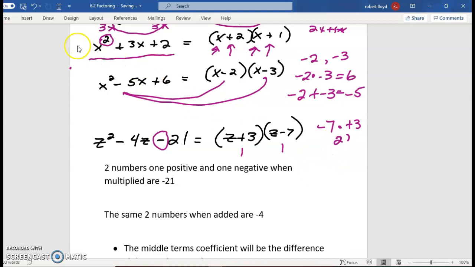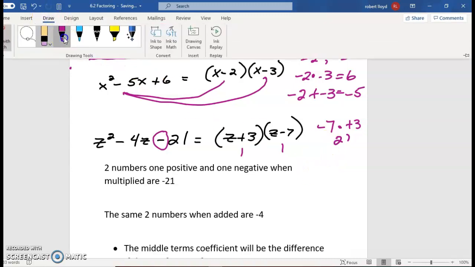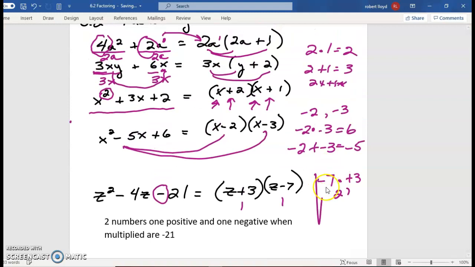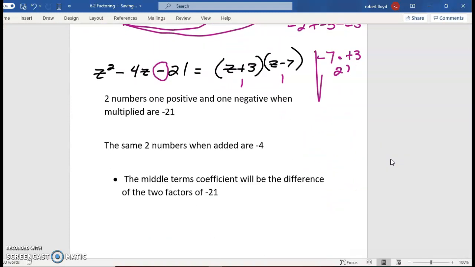Negative 7 and a positive 3 give us negative 4 for our middle term. And again, if we were to FOIL that back, we'd end up right where we started.